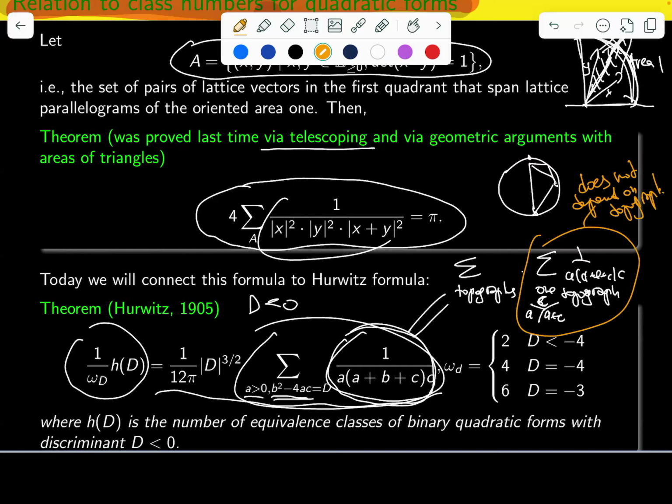So it means that the whole sum here counts just the number of topographs times a constant. So it counts the number of equivalence classes times the constant. Okay, what is the constant? Well, the constant is here, well, the inverse of this constant. That means that we can just deduce this constant from this formula. So here, usually omega d is 2, right?